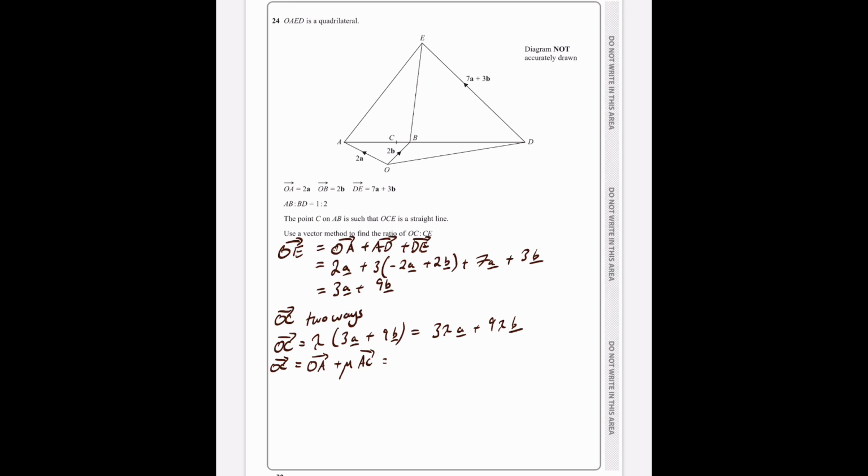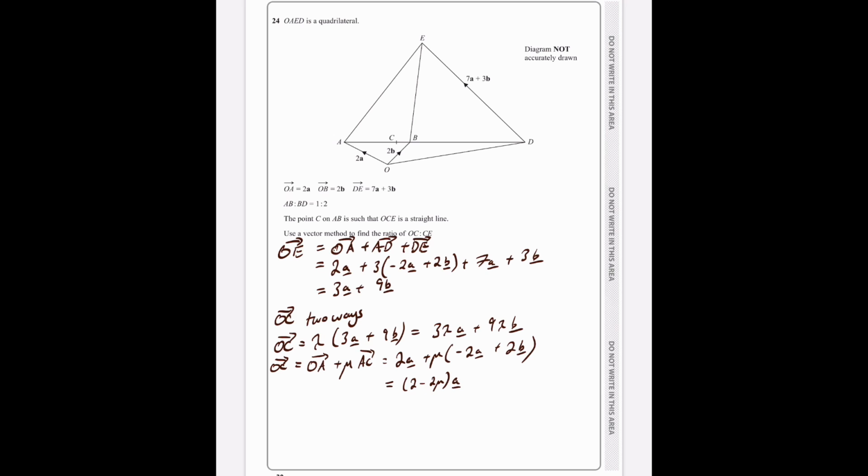The second way of going from O to C is to go from O to A and then from A to C. And that's going to be 2a to get from O to A plus mu lots of, and that vector there is A to B, minus 2a plus 2b.